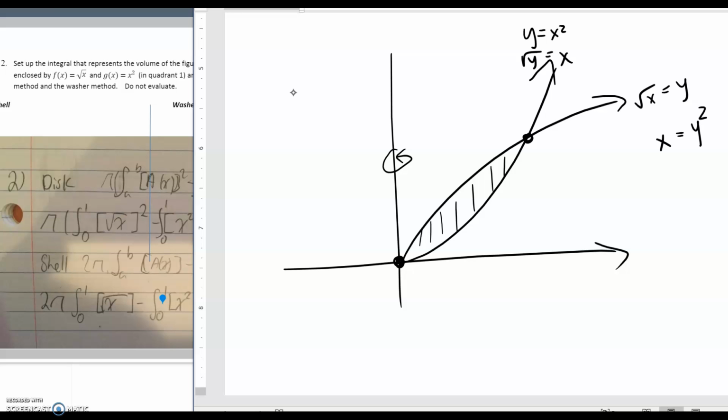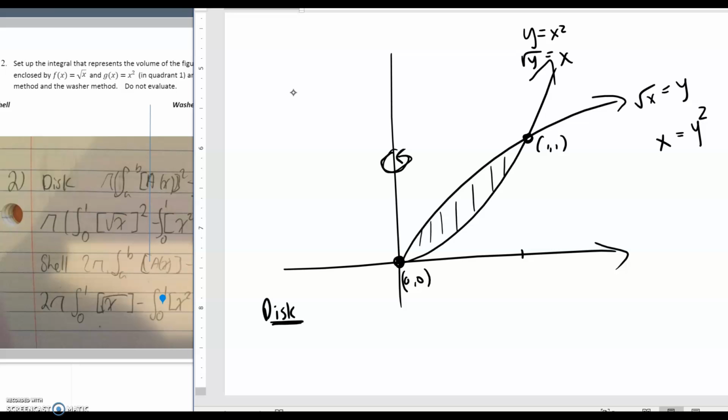If I want to rotate around the y-axis, I can use the shell and the disk method. Let's start with the disk method. This would be the point 0, 0, which will be important, and this will be the point 1, 1, where these two are equal.